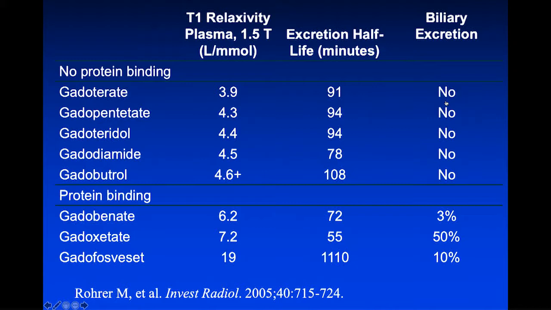For the ones that don't have protein binding, gadobutrol is an exception, which I've listed as 4.6 plus because different papers have different relaxivities, all of which are greater than 4.6. And so that will give you the best quality on an MRA study to use the highest relaxivity. On the other hand, the excretion half-lives are similar.